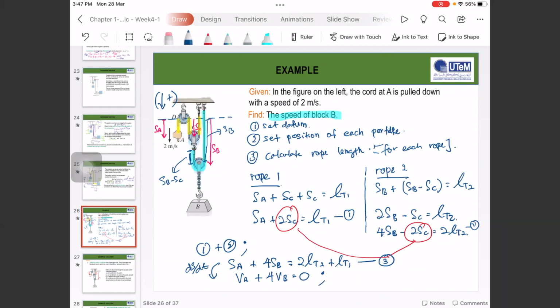Going down is positive. Ini kan, going down is positive. Have positive 2.